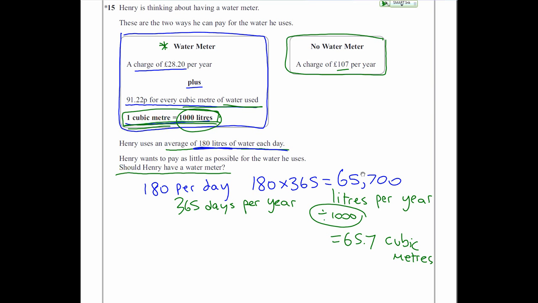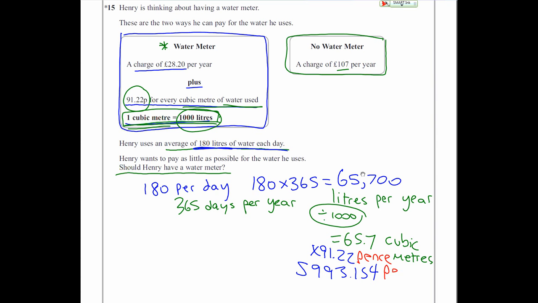Right, so he's going to get charged 91.22 pence for each one. On your calculator, he's going to get charged, now on my calculator screen I've got 5993.154. You need to understand what's going on here. Okay? This is in pence.